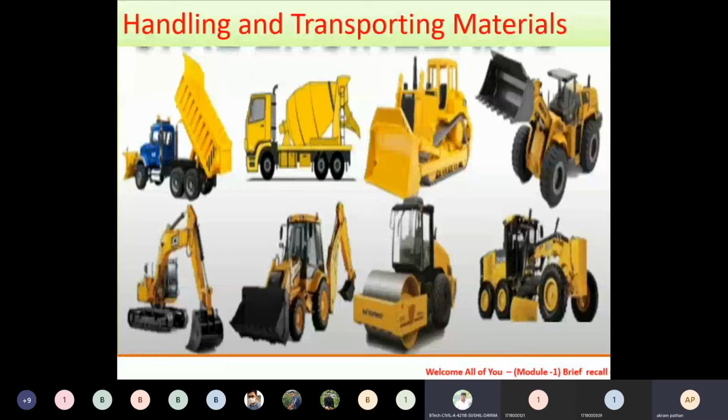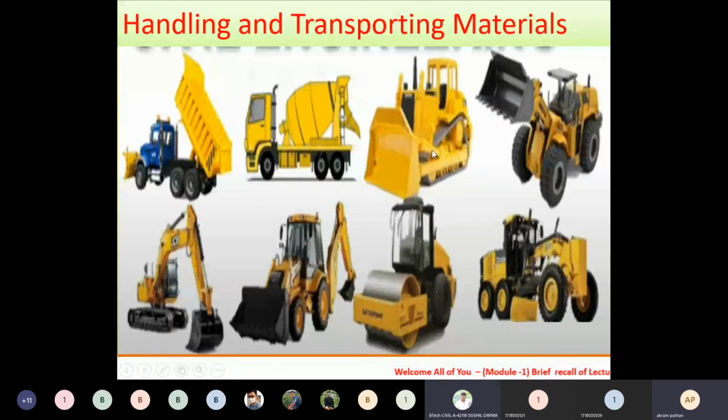For handling and transporting materials, some of the equipment we require are trucks or highway trucks for transportation of material from a mine or suppliers up to your construction site. If you want to supply ready mix concrete, the TM machine will be required. For finishing the road surface or any site surface, we require these machines.